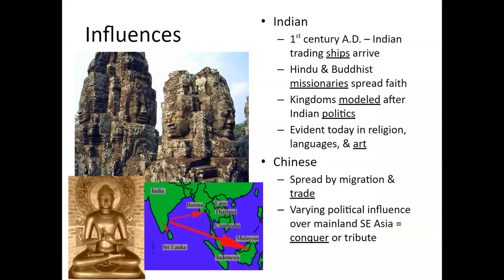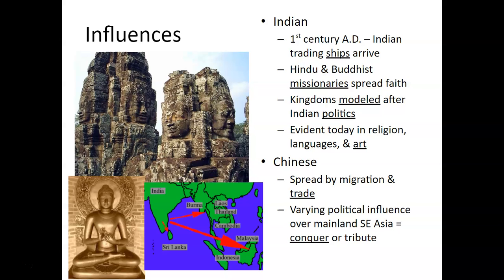All right, so influences for Indochina. The name suggests not only is it between India and China, but also you're going to be influenced by both of those groups. You have big civilization in India, you have big civilization in China. So let's talk about India first. About the 1st century AD, you start seeing Indian trading ships arrive into the Indo-Chinese area. And with them, they bring all sorts of things.